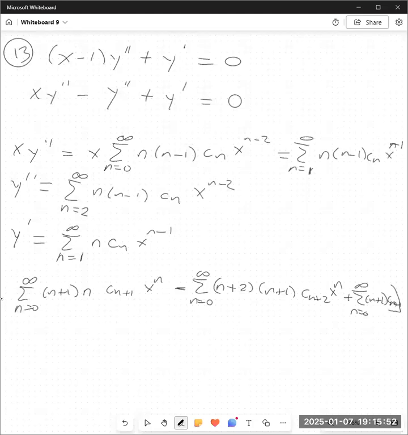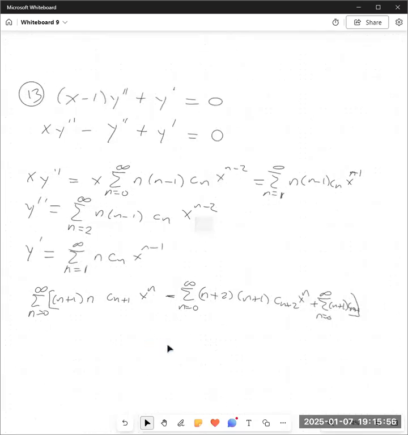All of this is going to be with a big old x to the n on the outside, equals 0, like that.